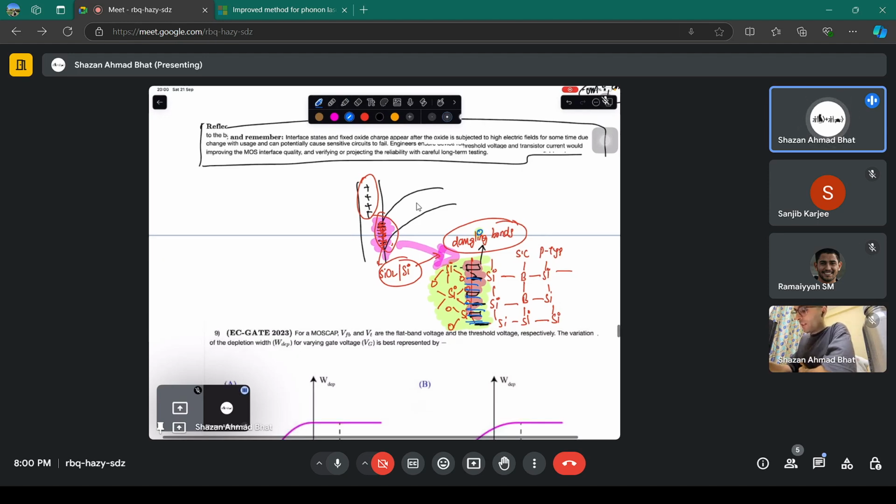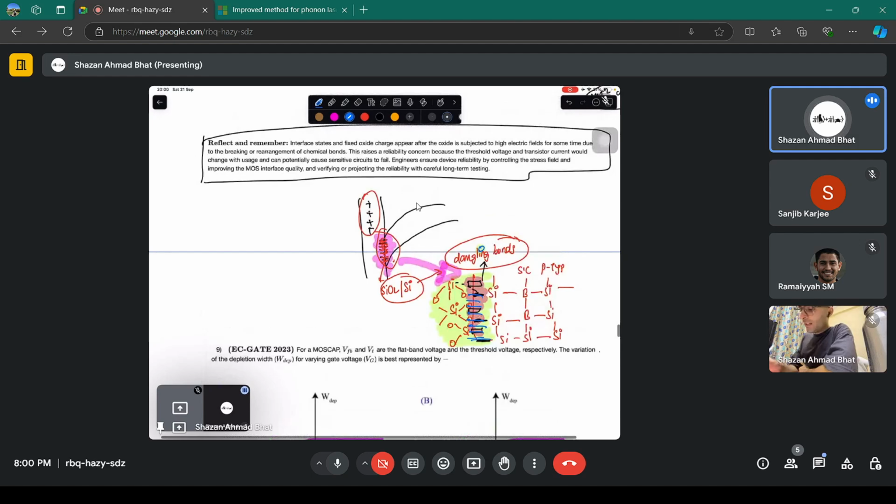There are interesting facts which come up at these interfaces. Similarly, these positive charges, which can be sodium or potassium contamination ions, can change the threshold voltage. Threshold voltage is phi ms minus q fixed charges inside the oxide plus q depletion divided by C ox, plus twice the Fermi potential.